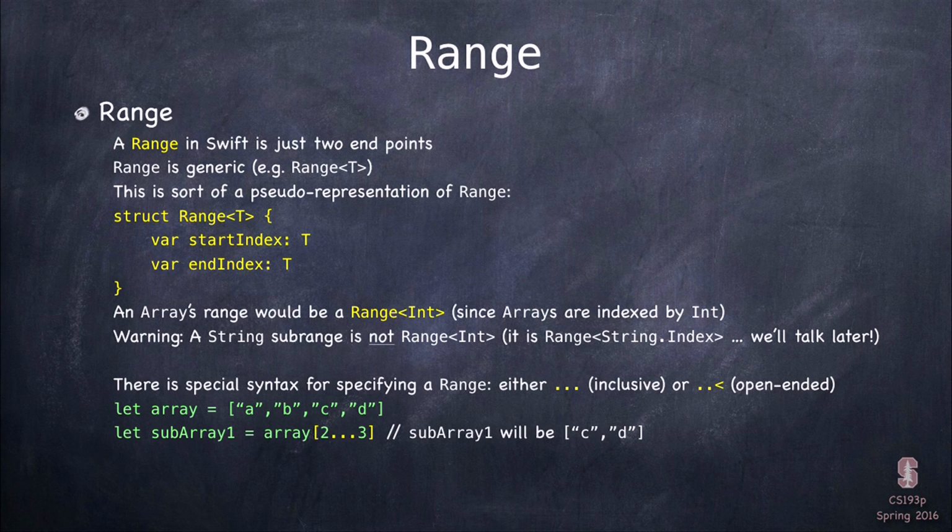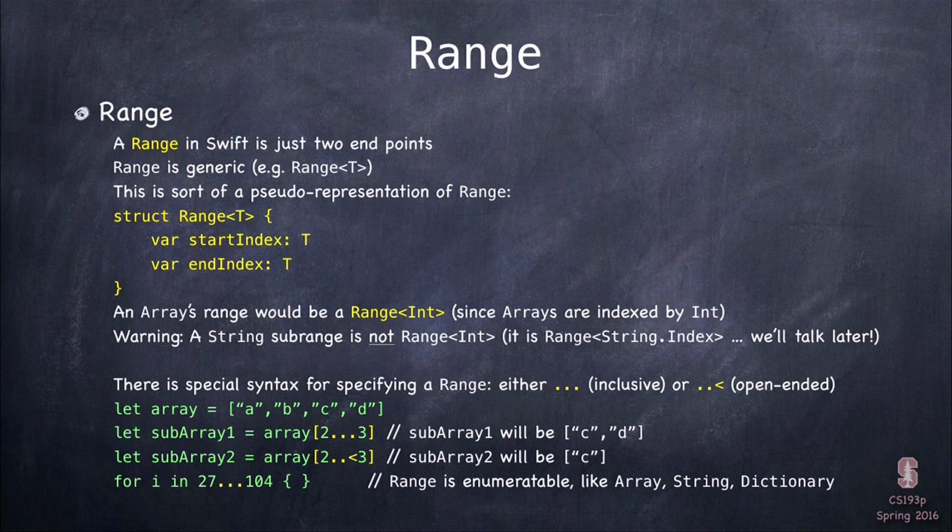Now, just like with optionals, where we got question marks and exclamation points, there's some special syntax for ranges, which is this ... and ..< less than sign. You see them right here? This means a range that goes from 2 to 3. This is a range that goes from 2 to 3, but does not include 3. So that would be just the number 2 right there. Now see this for right here?